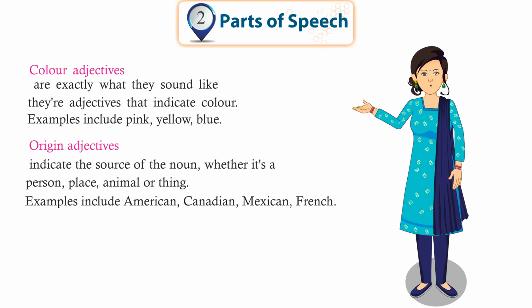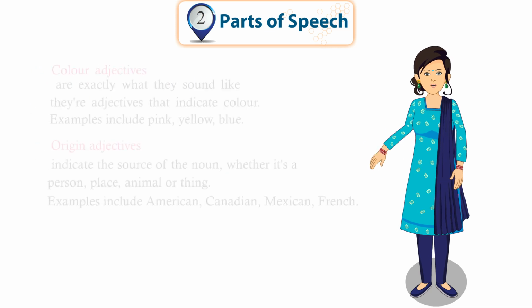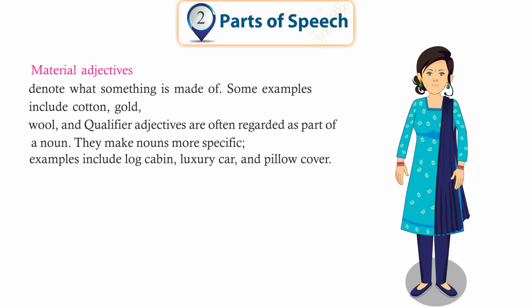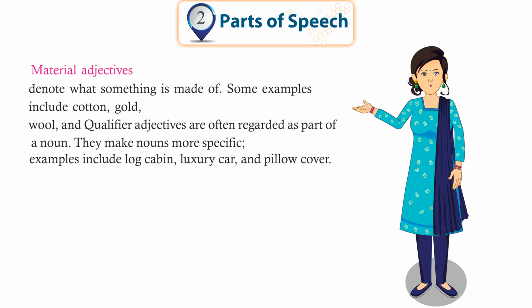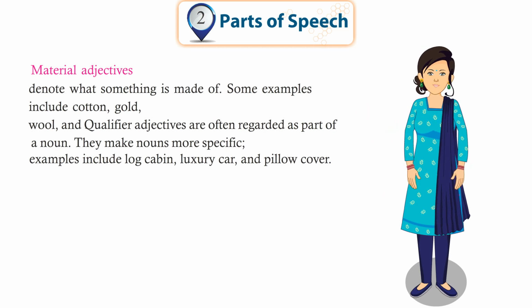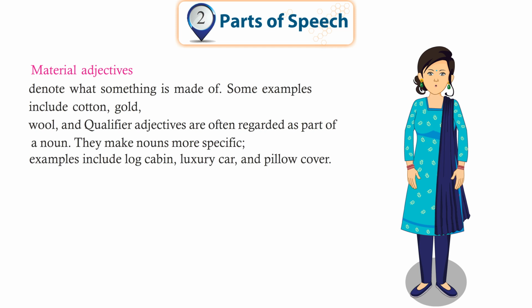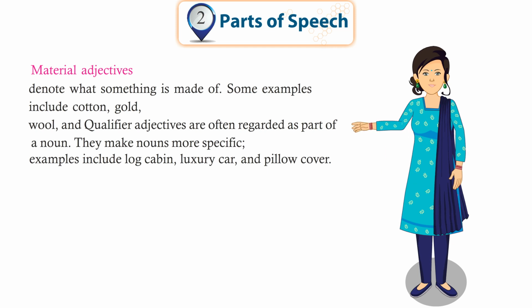Examples include American, Canadian, Mexican, French. Material adjectives denote what something is made of. Some examples include cotton, gold, wool. Qualifier adjectives are often regarded as part of a noun. They make nouns more specific. Examples include log cabin, luxury car, and pillow.